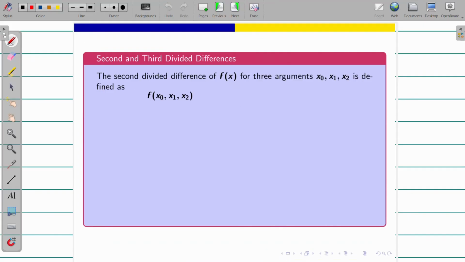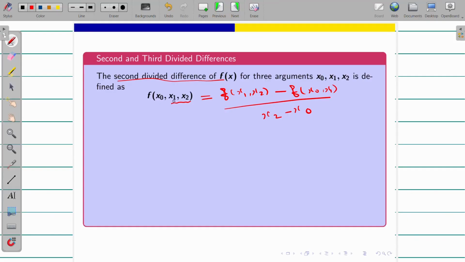Similarly, we can define the second divided difference for three arguments. So what do I have to write? This is three arguments. The first will be the function value of the last two, f of x1 comma x2, minus the function value of the first two, x0 comma x1, divided by the last value minus the first value, x2 minus x0.